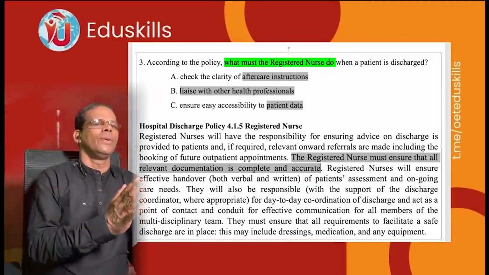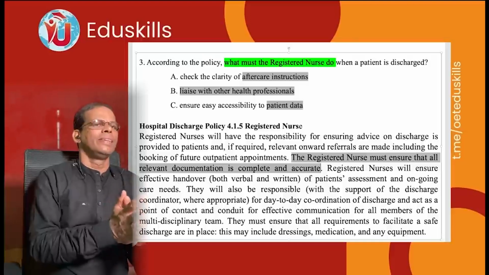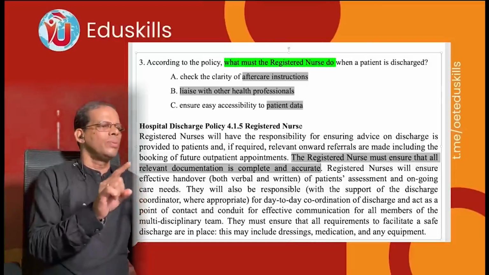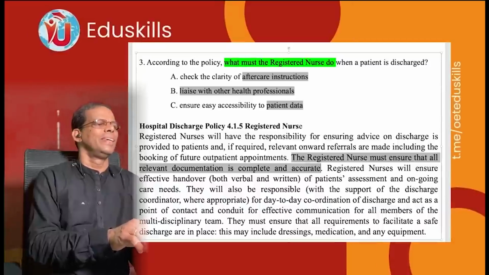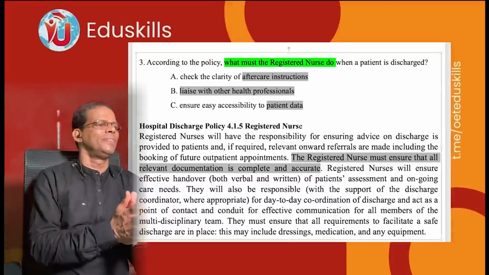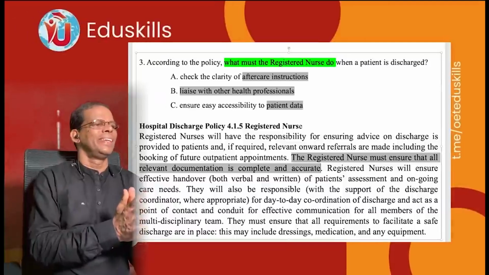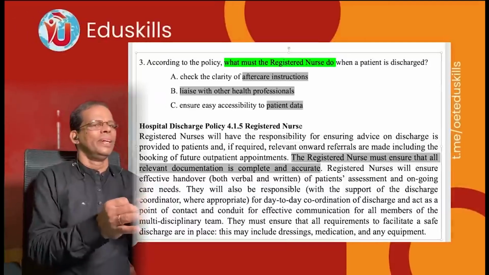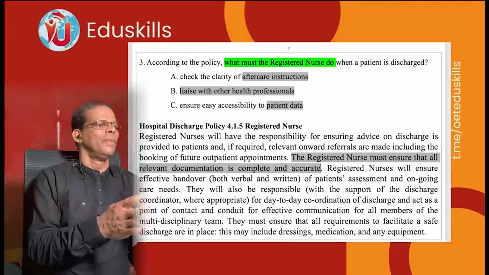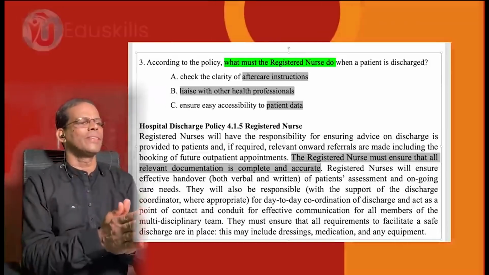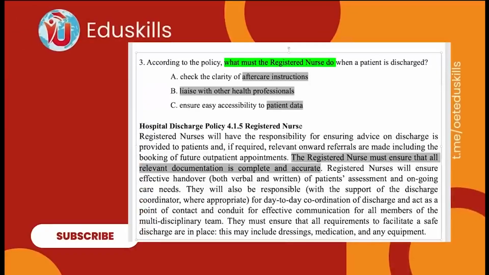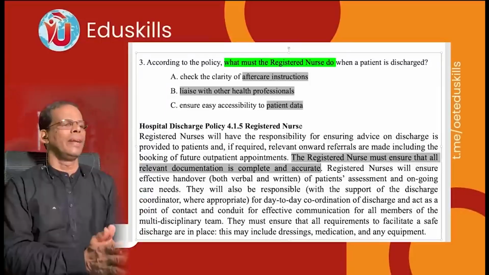As nurses, you know, when you have a discharge, is it only aftercare instructions, or what else is included in the documents when you discharge? Referrals, revisits, appointments, medications, admission procedure, managements. So all these are included when you say nurses must ensure that all relevant documentation is complete and accurate.